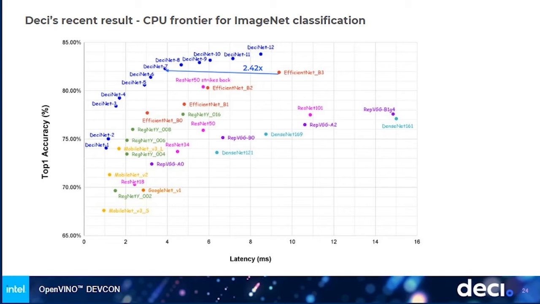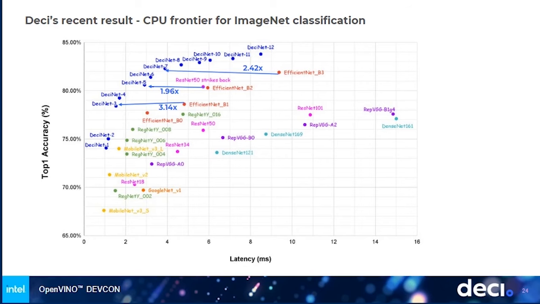And to again highlight these results, we also submitted some of these models to MLPerf, which is a competition on runtime performance of different deep learning tasks, run by Intel.